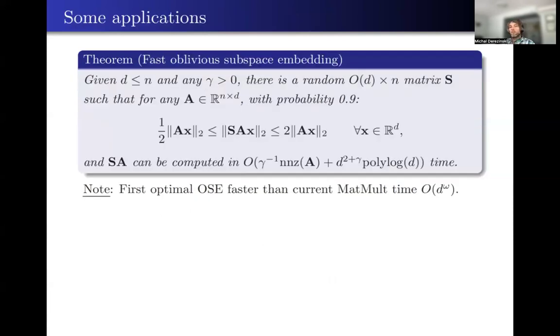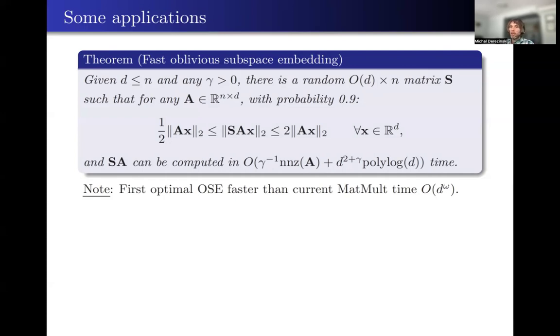Some of the applications: putting this together with several other oblivious subspace embedding results, we can turn this into a fast algorithm, which is stated in a common form for oblivious subspace embeddings as a sketch of a matrix A. It says that essentially in input sparsity time, which is described here as NNZ of A, we can obtain this oblivious subspace embedding with optimal embedding dimension for a constant distortion epsilon.